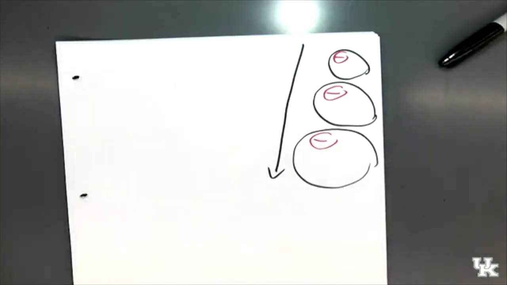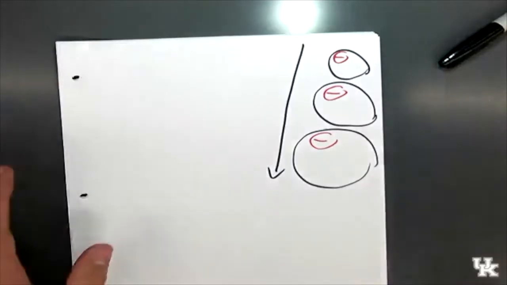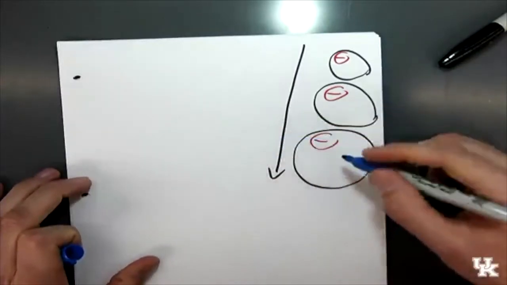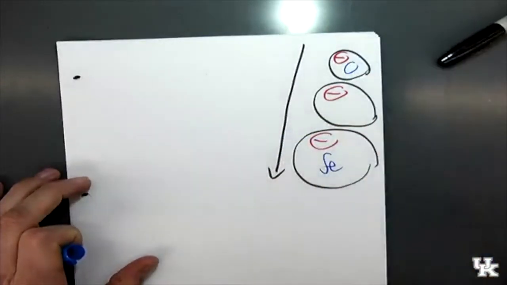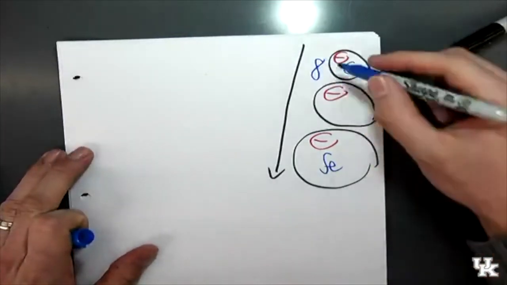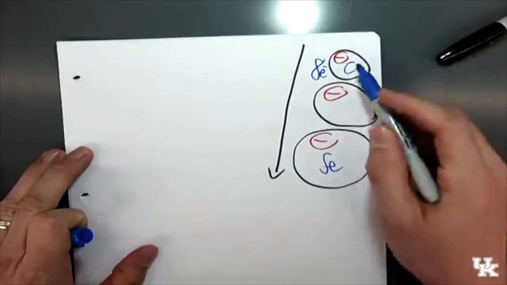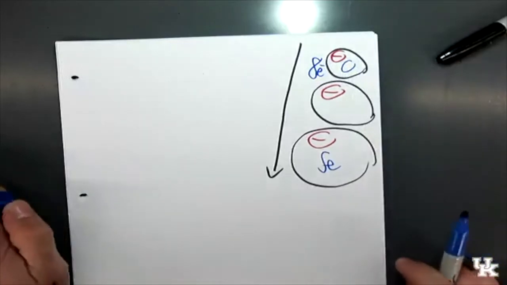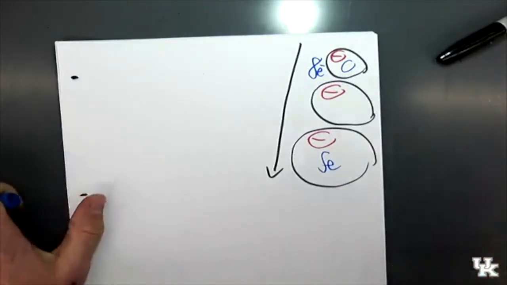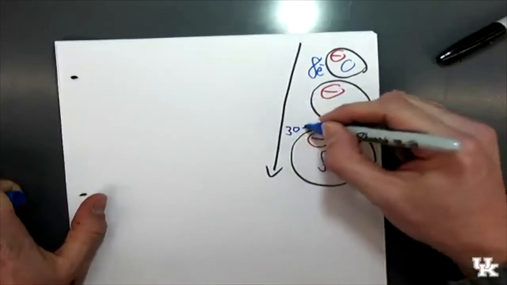And that makes a big difference when you compare, say for instance, selenium and oxygen. Remember, oxygen has 8 total electrons before you put the negative charge in, and selenium has a lot more, like at least 30, I think, off the top of my head.